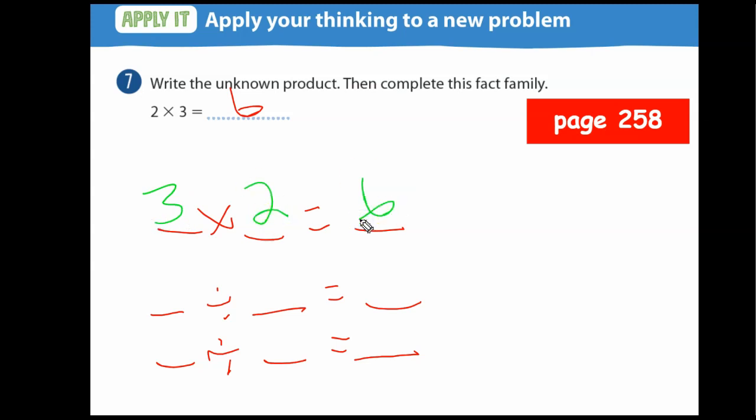What would be one of the division equations? 6 divided by 2 equals 3. Say that again. 6 divided by 2 equals 3. What would be the other one? 6 divided by 3 equals 2. Yes, because look.